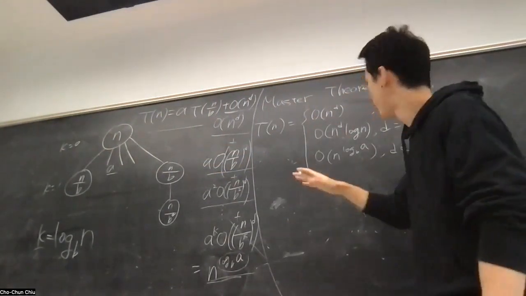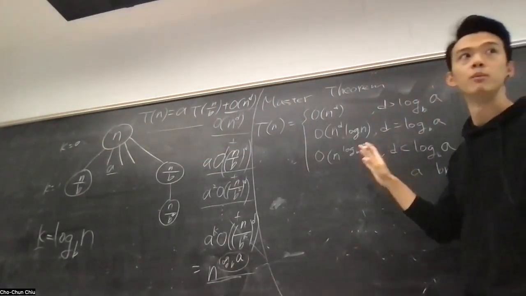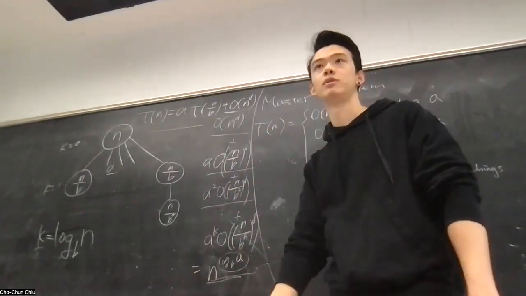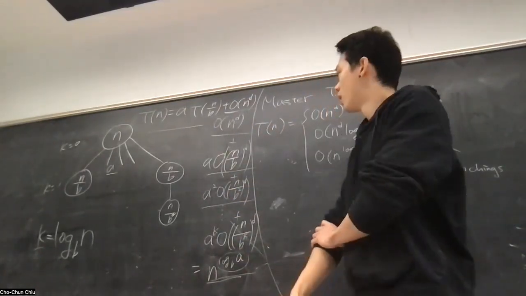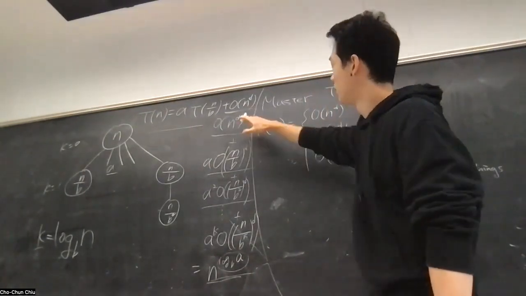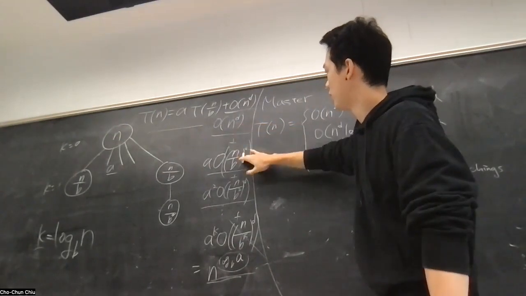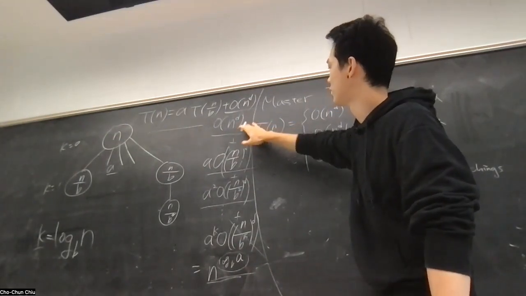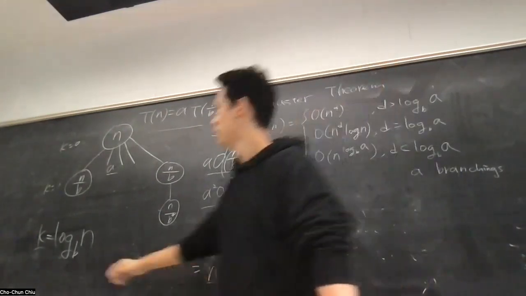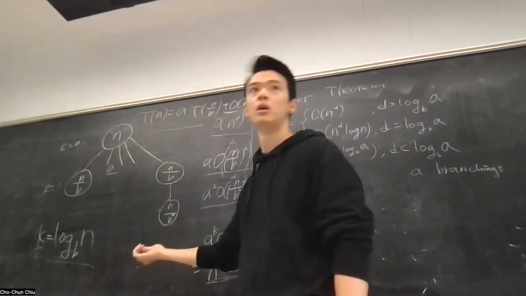And then if they are equal, it means that you actually need to pay attention to all the layers, right? So the total time complexity is going to be n to the power of d, n to the power of d, and so on. How many? This amount, right?